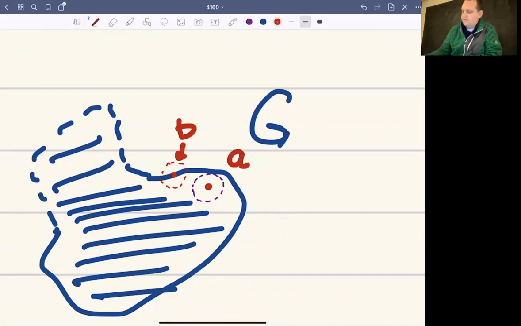I also want to emphasize that if I were to pick some point over here, that's also on the boundary of G. Even though that point itself is not in G, that point is on the boundary of G. Because again, any open circle centered at that point will contain points in G and points not in G. So that's again a point on the boundary.